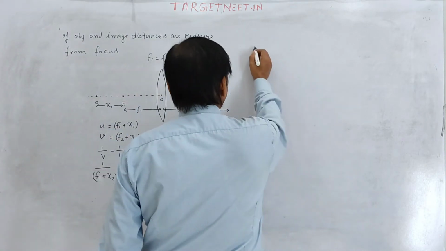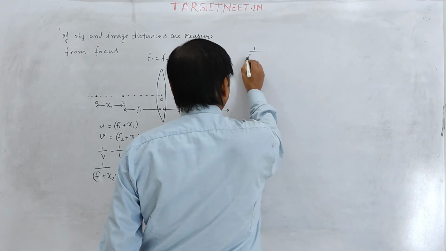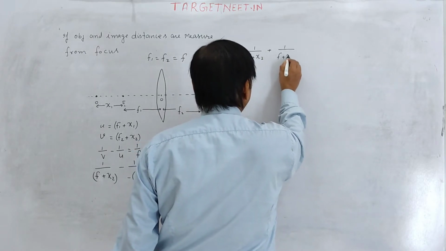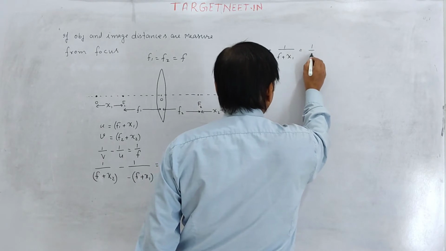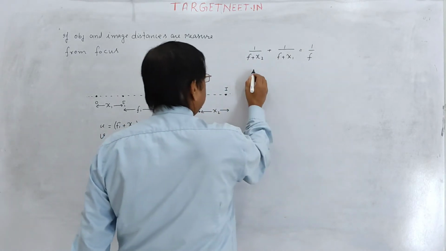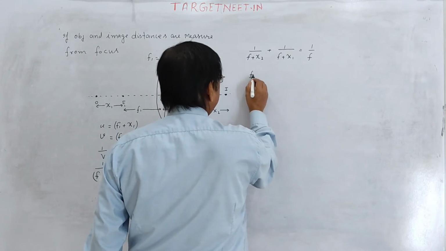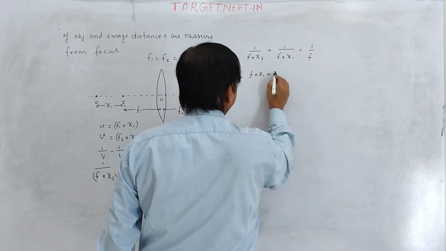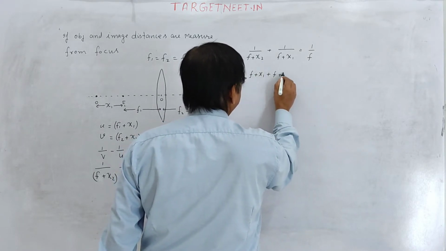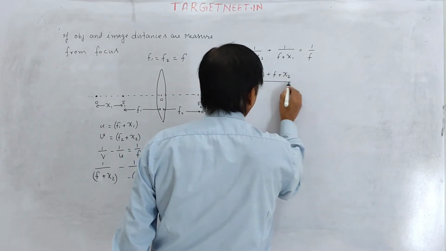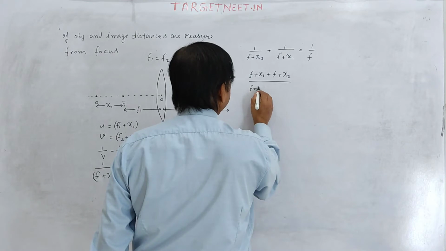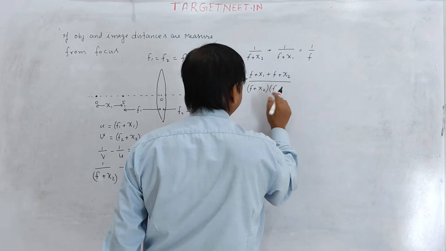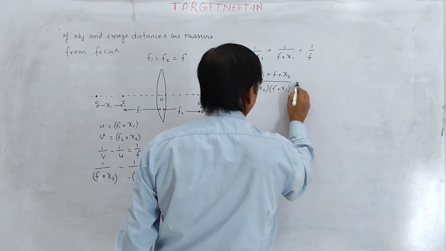Now simplify this. This is 1 upon f plus x2 plus 1 upon f plus x1 is equal to 1 upon f. So it is f plus x1 plus f plus x2 upon f x2 times f x1 is equal to 1 upon f.